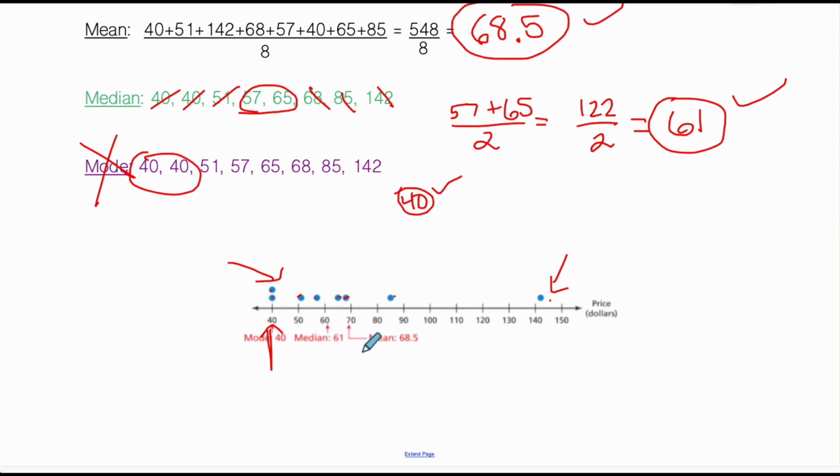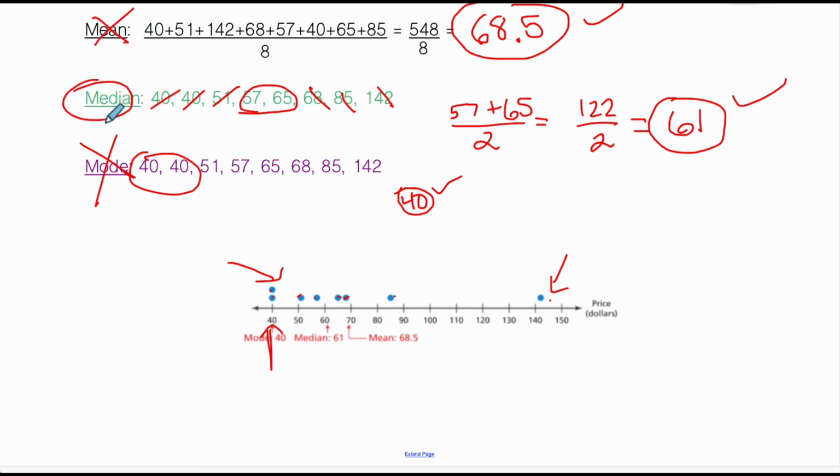And then our average, 68.5, it's not bad, but it's greater than 6 of the shoes. I mean, that's not really that good of a measure of center. It's not a good descriptor of this data set, because most of the shoes are less than this average. And the reason the average is thrown off so much is because of that outlier. It really increased the average. So I'm going to say the mean, not very good.